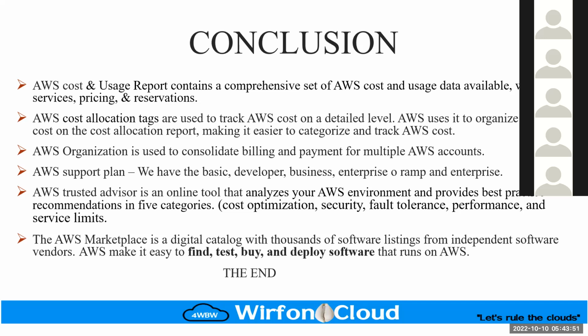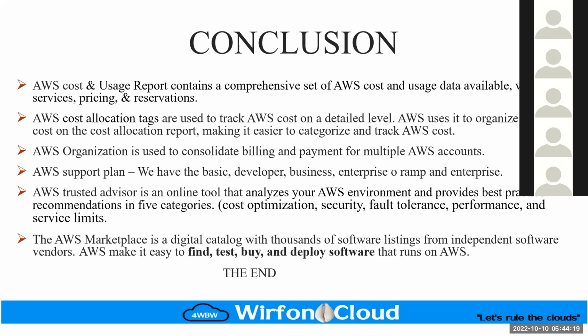So today we have looked at the AWS support plans, where we have the Basic, Developer, Business, Enterprise On-Ramp, and the Enterprise. We also touched a little bit on the Trusted Advisor, which is an online tool that analyzes your environment and provides best practice recommendations in 5 categories: cost optimization, security, fault tolerance, performance, and service limits.